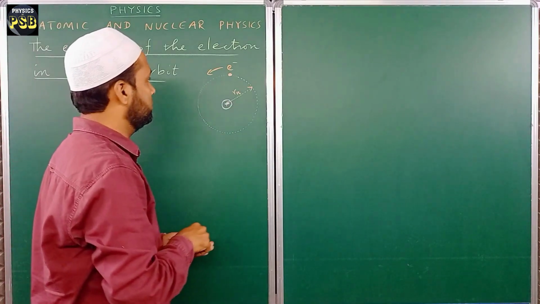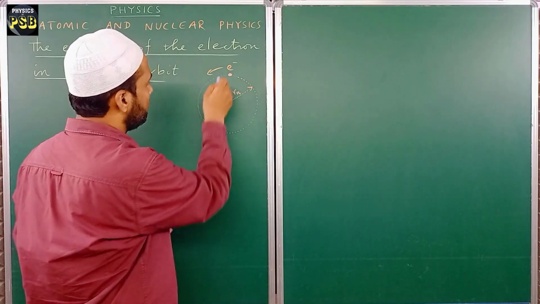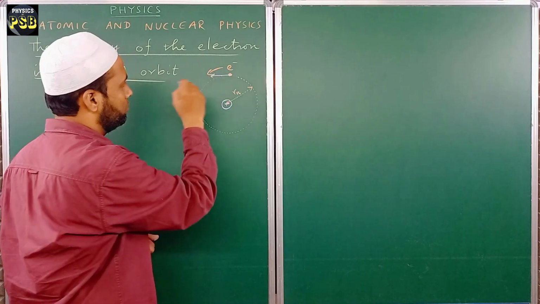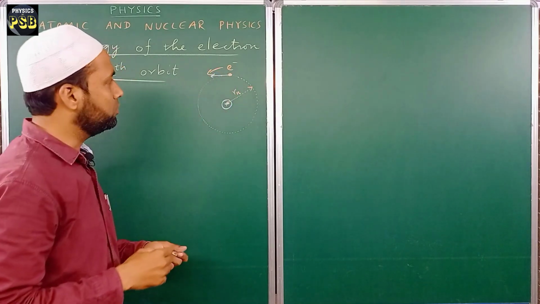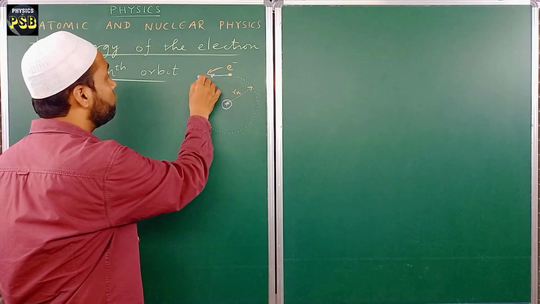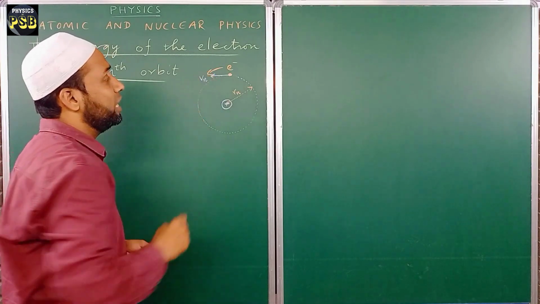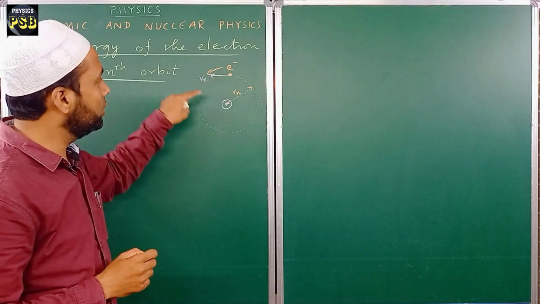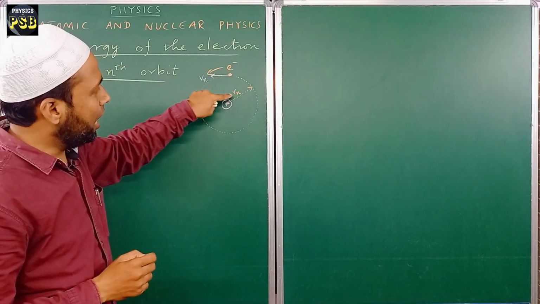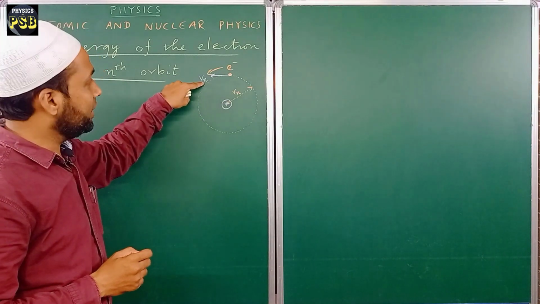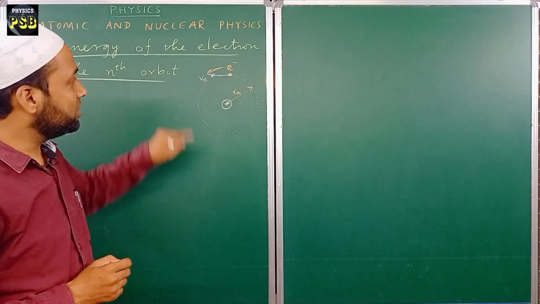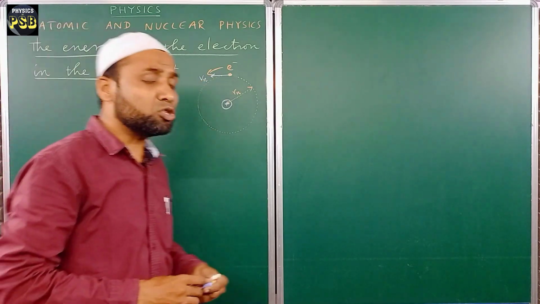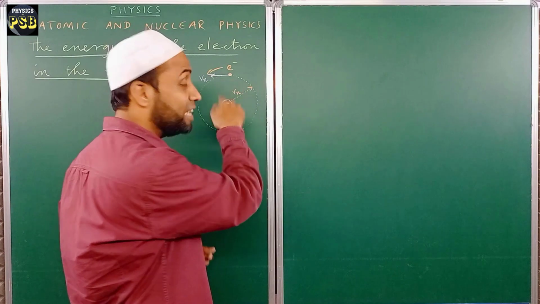And here, the tangent drawn to the orbit gives us the velocity of the electron in that particular orbit. Here I have taken this orbit as the nth orbit. So while writing V and R, I have written n beside it, which represents the velocity of the electron in the nth orbit, and here this represents the radius of the nth orbit.